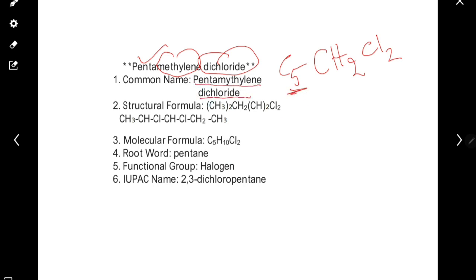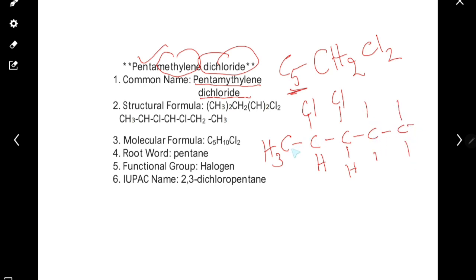Since there are 5 carbon atoms over here, we write those 5 carbon atoms first. First we have CH3, then we have CH, and then this is Cl. This is again CH, and this is Cl, and this is CH2, and this is CH3 over here.